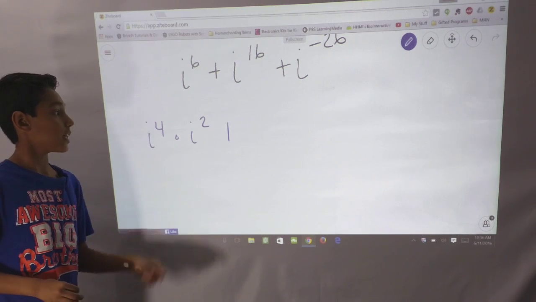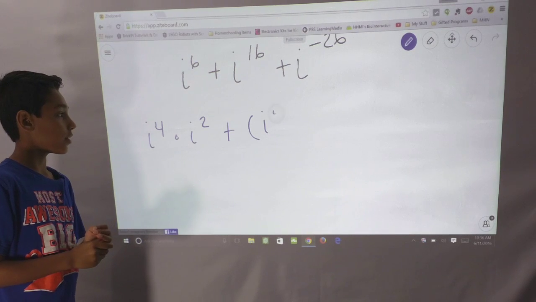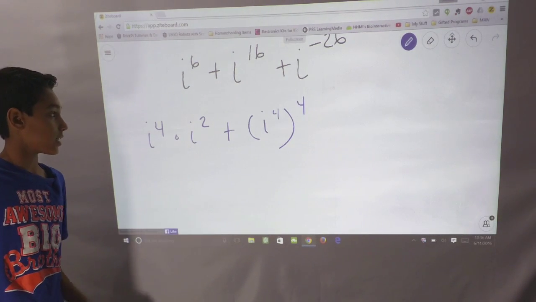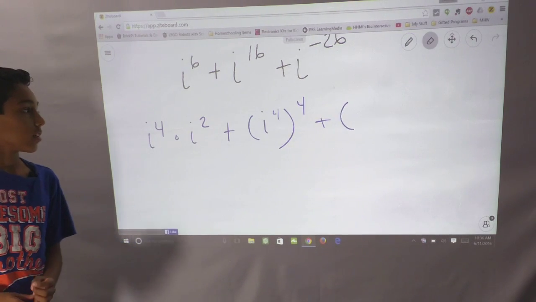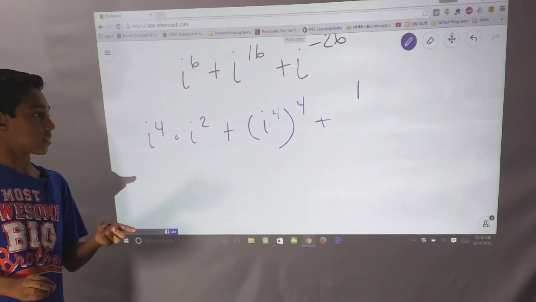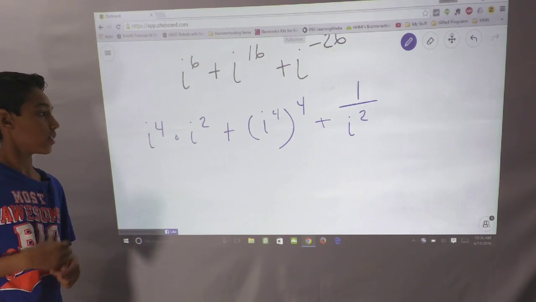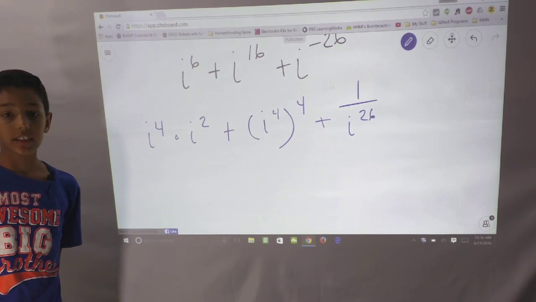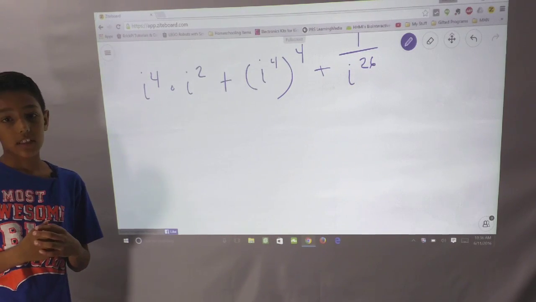Then plus 1 to the fourth, written in parentheses, with an exponent of 4 outside of it, since 4 times 4 is 16. Plus a reciprocal of i to the power of negative 26, that's 1 over i to the power of 26. So we have that. Now you can plug in the numbers.